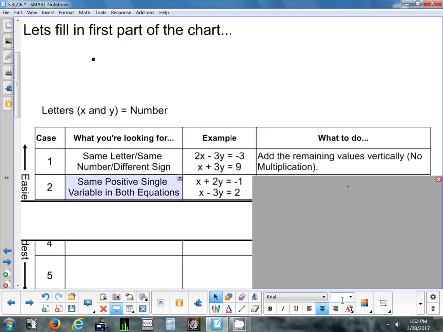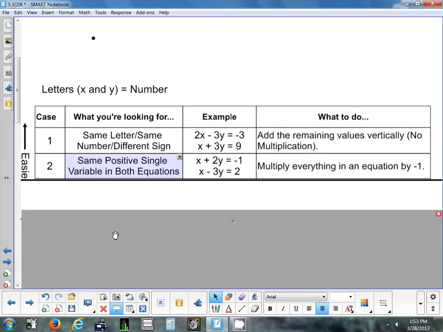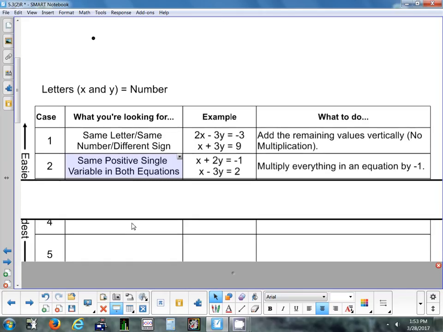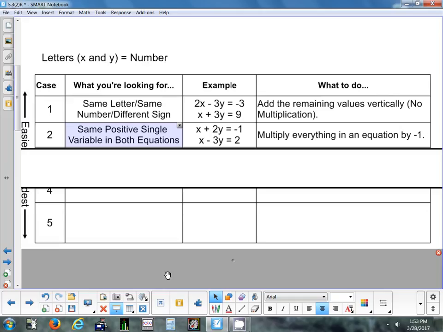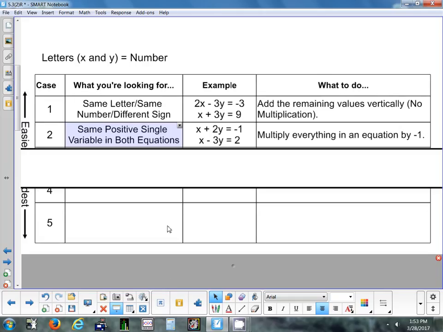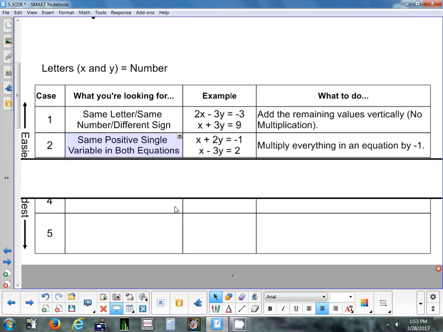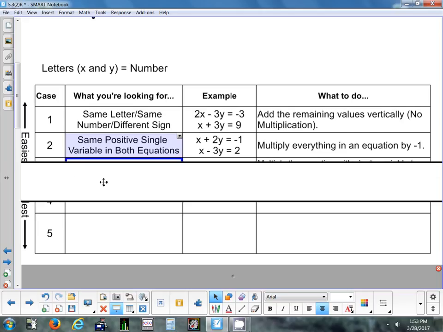All right, so what am I going to do? I'm going to multiply everything in one of the equations, so multiply everything in an equation by -1. I'm either going to multiply everything in the top equation by -1 or everything in the bottom equation by -1. That includes the number that comes after the equal sign.